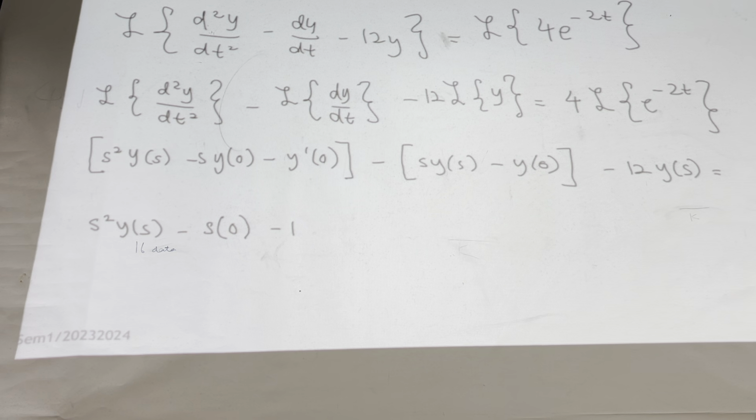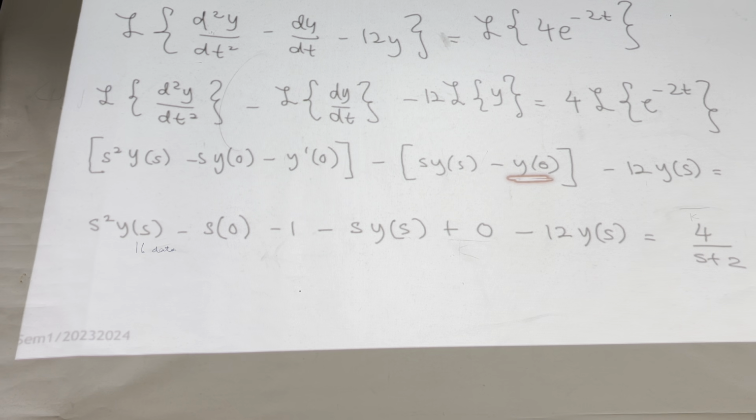Here I open the bracket, so minus s Y(s) plus y(0), which is 0, minus 12 Y(s) equal to 4 over s plus 2. So you should be careful.